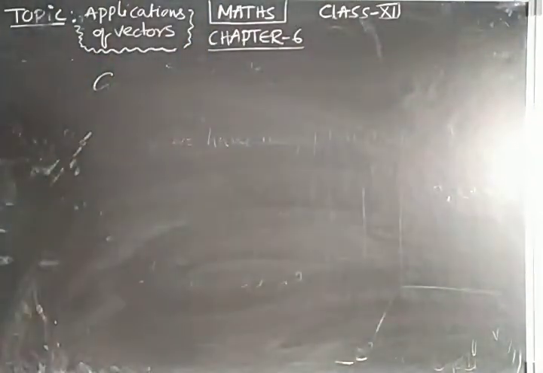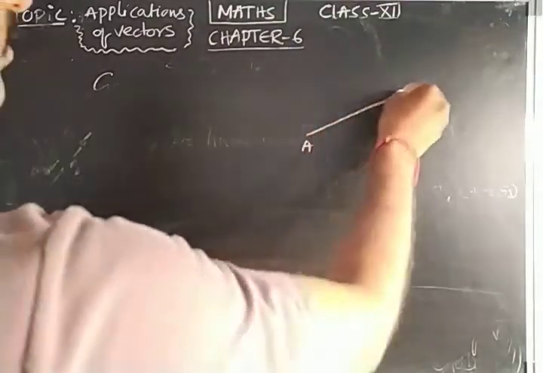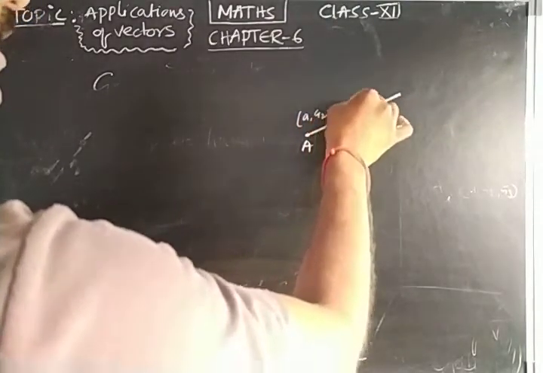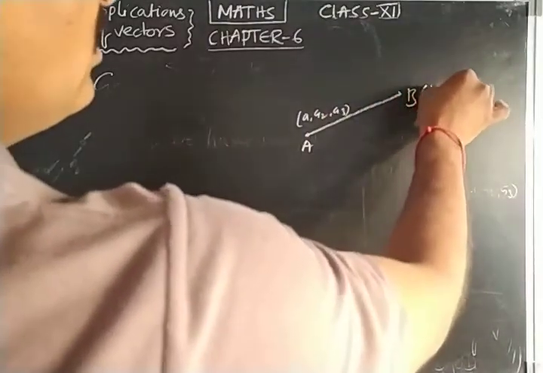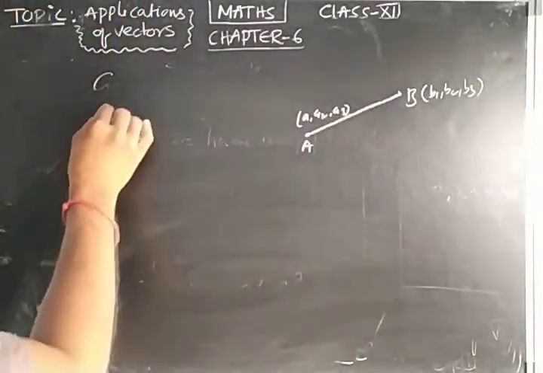Right. Now if you have a point A which is a1, a2, a3, and B which is b1, b2, b3, then you can find the AB length.